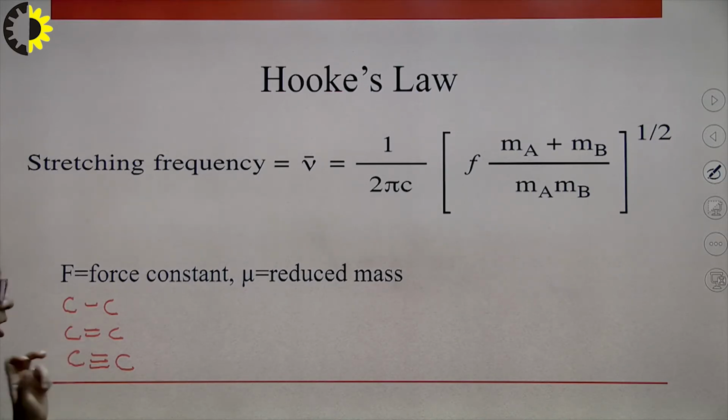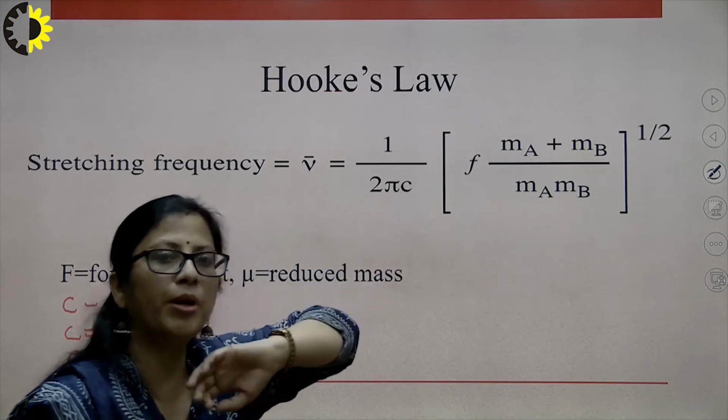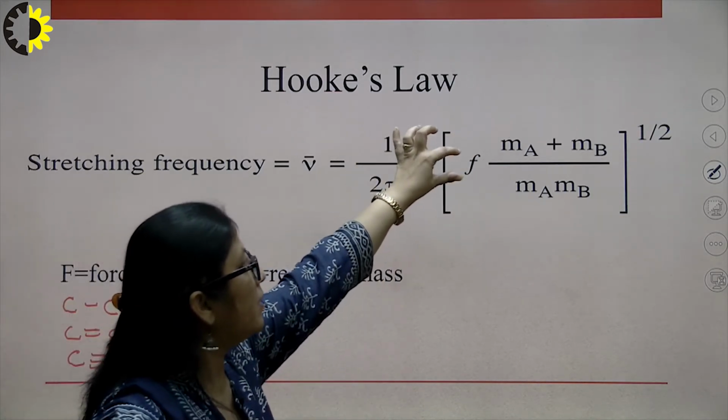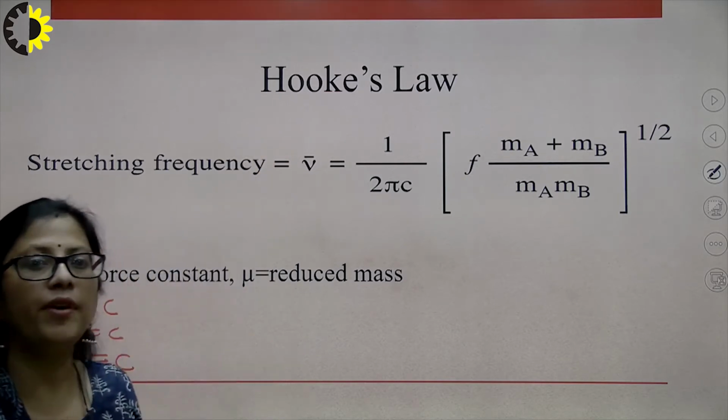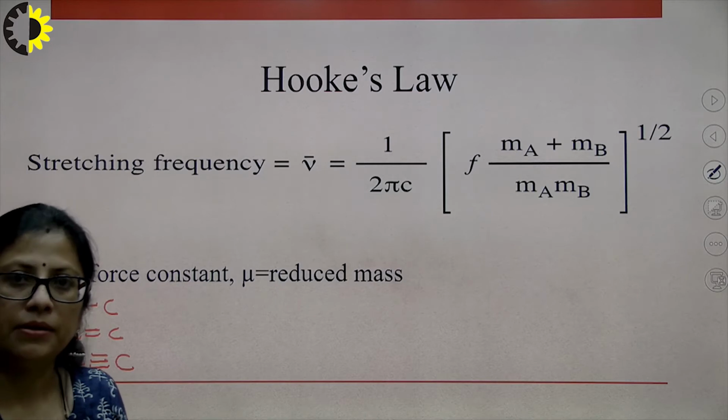Since the number of bonds increases, that means bond strength is going to increase. When bond strength increases, the value of this force constant, which is in the numerator, increases. And when this F value increases, it increases the wave number. That means more wave number.